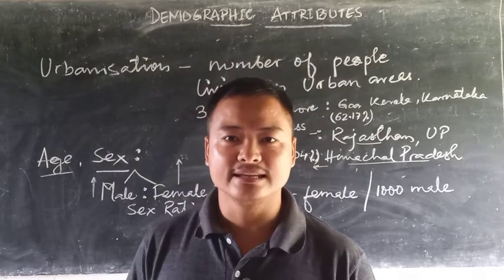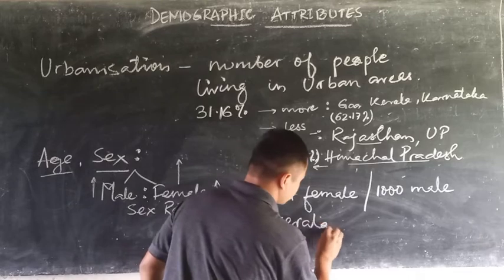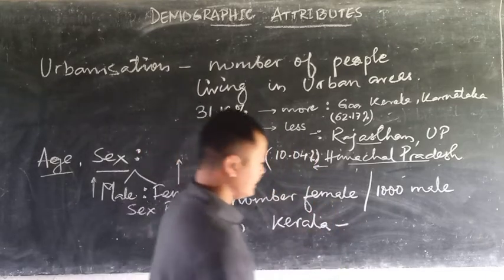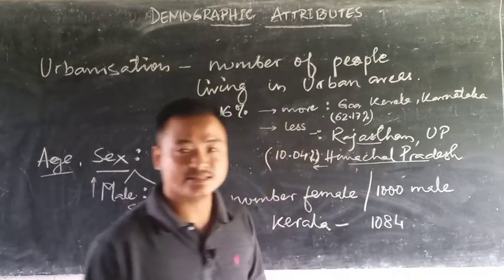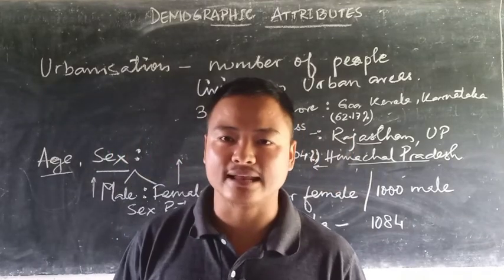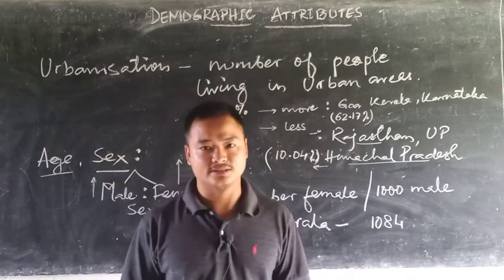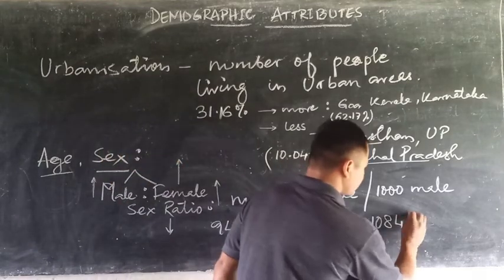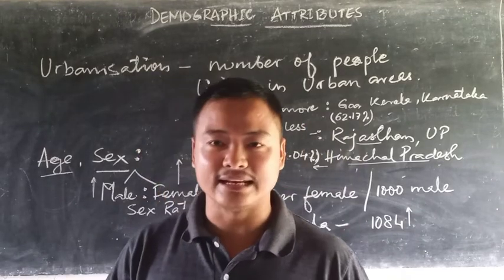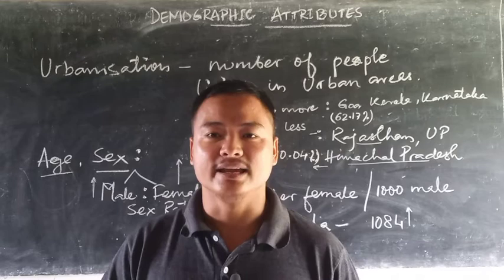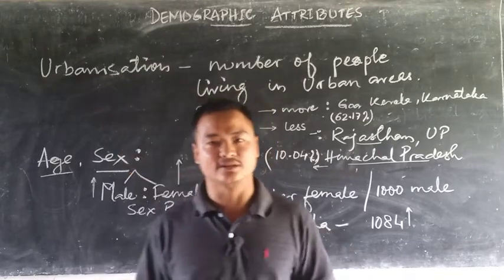That means Kerala as a state, its sex ratio is 1084. That means the female population in Kerala is much more than that of the male population, resulting in its sex ratio being higher. While there are also states in India which have a sex ratio less than the national average.